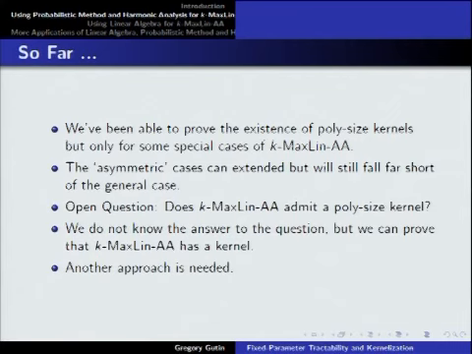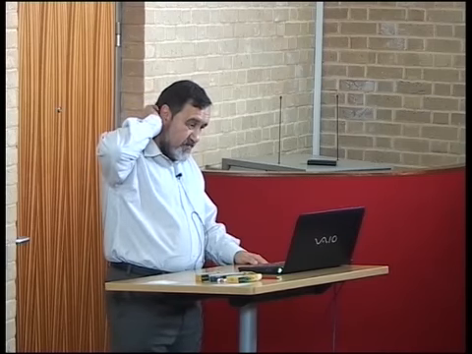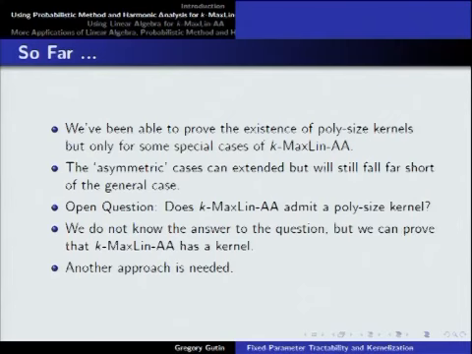So even though we can extend a bit what I presented to you, we cannot get the general case, and we actually fall far short of this. And even though I'm going to show you that the problem is fixed parameter tractable using a different approach, still there is an open question.